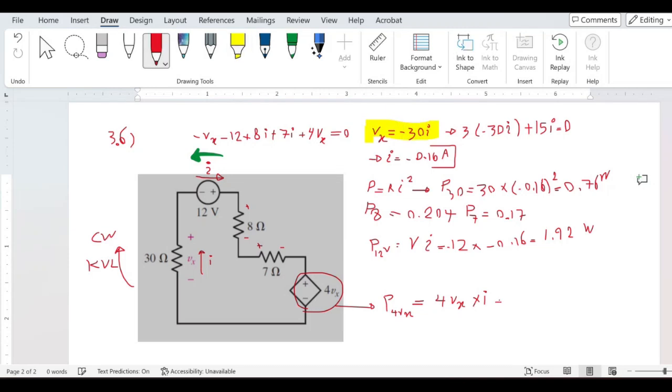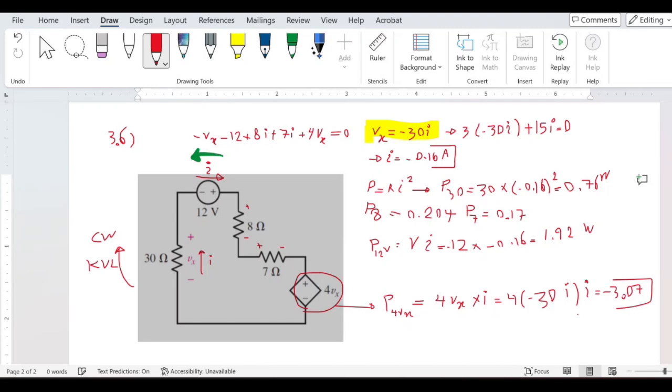So this is going to be equal to 4 multiplied by minus 30I multiplied by I, and that's going to be equal to minus 3.07.